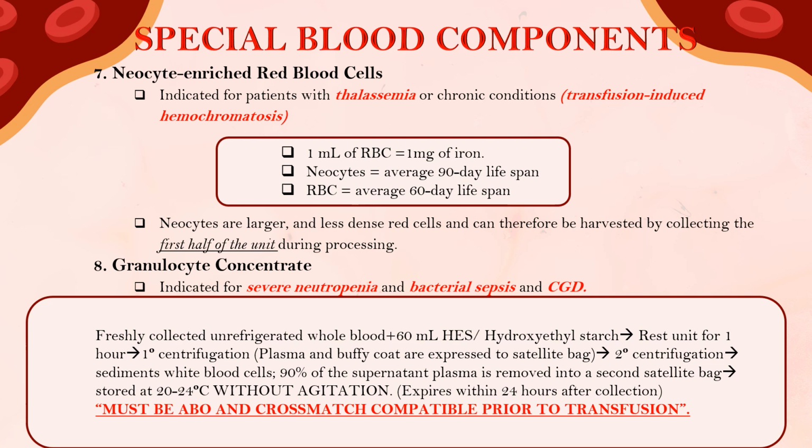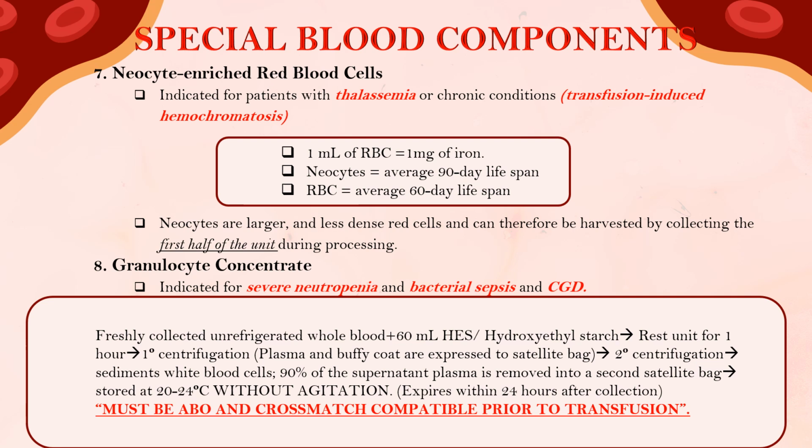Your granulocyte concentrate, class, is generally prepared from freshly collected unrefrigerated whole blood. We add 60 ml of HES or hydroxyethyl starch and then allow the unit to rest for 1 hour. Then we perform the first centrifugation to sediment the red cells and transfer the supernatant plasma along with the buffy coat into a satellite bag.